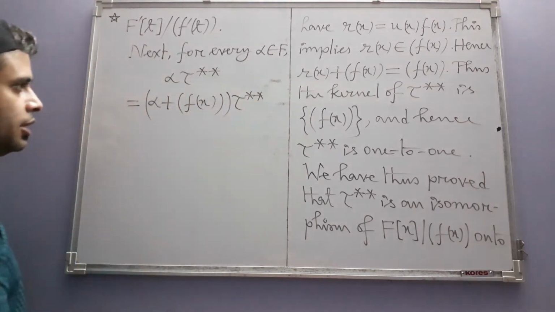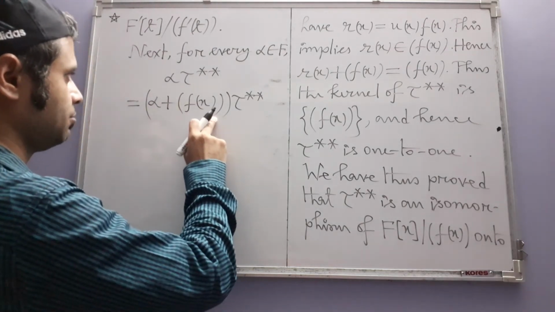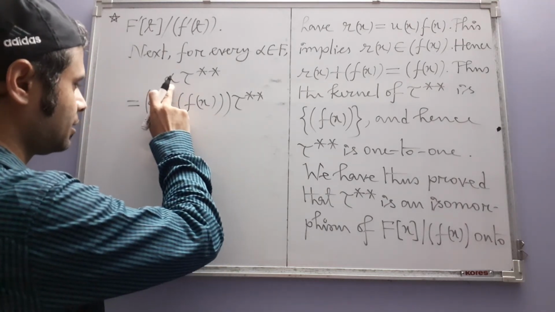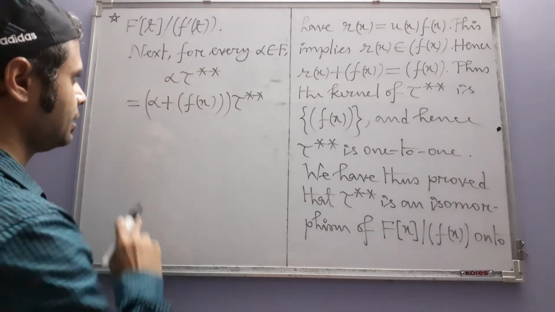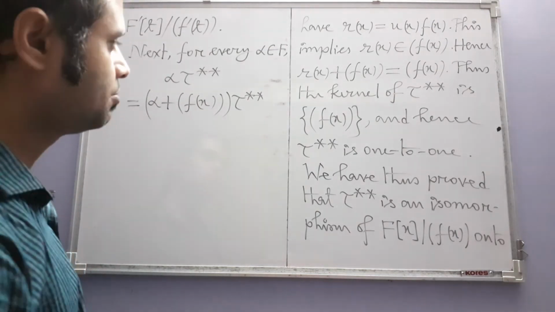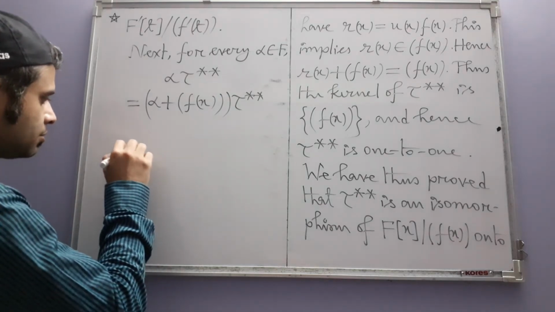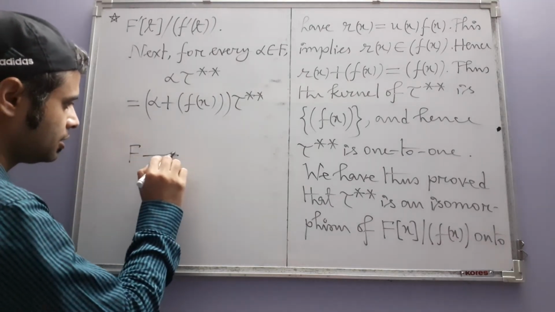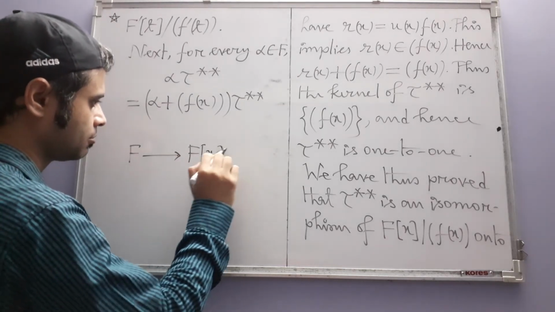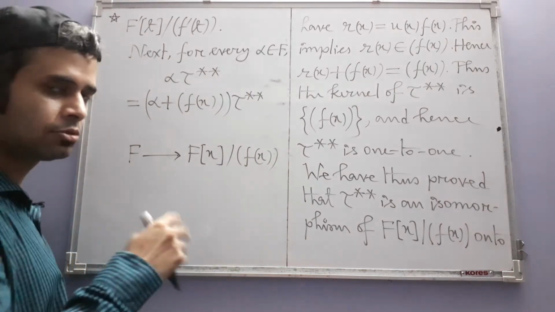Now you may object, you may say that, okay, so if this is really what we have here, then what is our justification in writing alpha and treating alpha as simply alpha? That is because if you consider the map between the original field and this rather distant quotient ring, which is obtained in two steps.